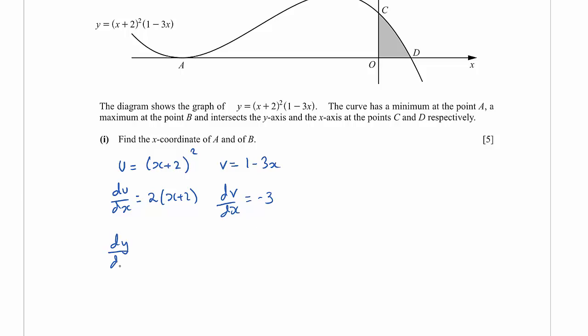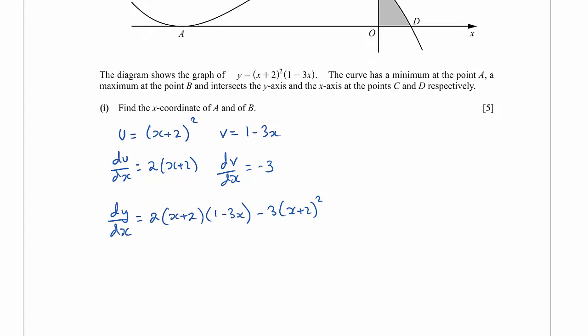So dy dx is going to be v du dx, so that's going to be twice (x plus 2), (1 minus 3x), plus u dv dx, so that's a minus 3 there, so that would be minus 3 (x plus 2) all squared. And if I go and look for values where this is 0, it might be an idea to factorize here.